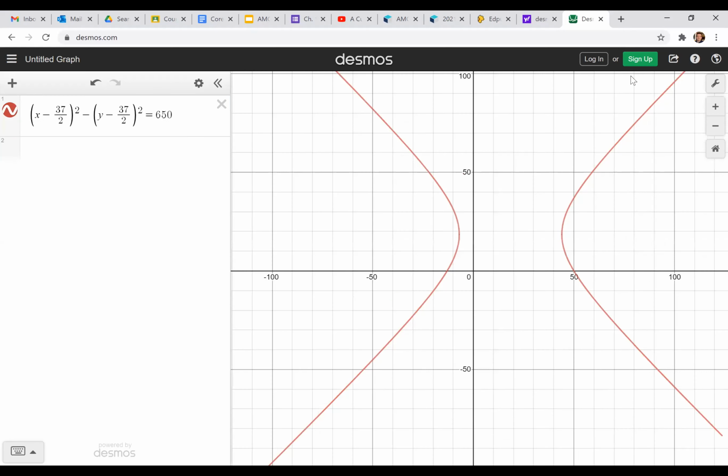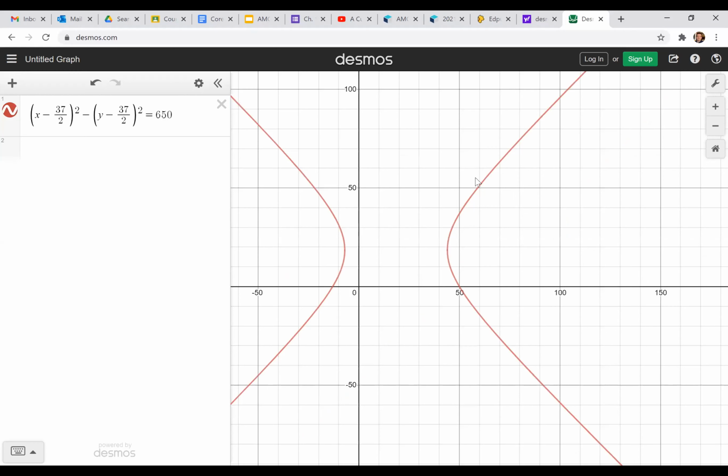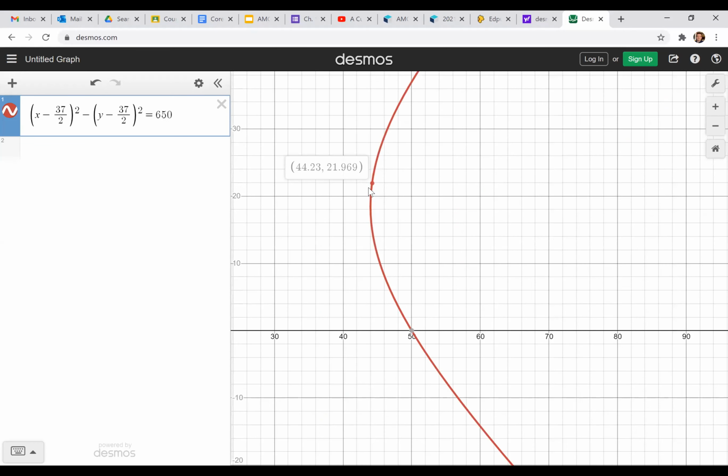Then I looked until I found a point where both coordinates were integers. And it turns out that (44, 19) is on this curve. So you can see here, 44, 19. That means M is 44 and N is 19, or N is 44 and M is 19, right?